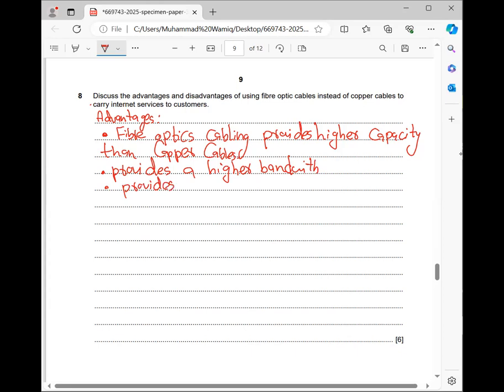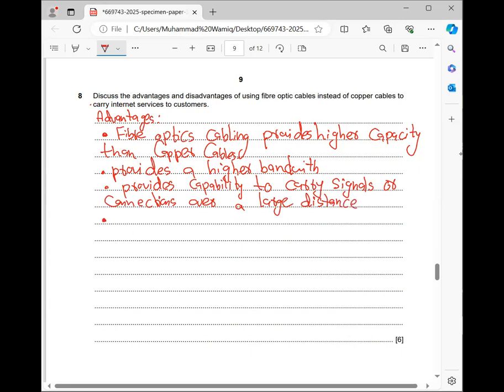They also provide the capability to carry signals or connections over a large distance.